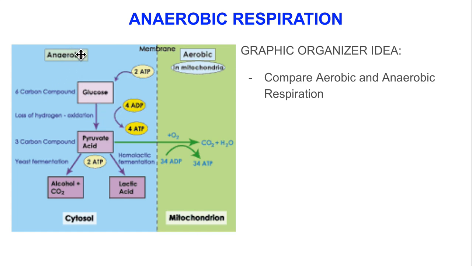So a good graphic organizer compares aerobic and anaerobic. Here's a good comparison. Aerobic happens in the mitochondria. This is where I use oxygen to turn glucose into a whole bunch of ATP. Whereas with anaerobic respiration, I'm still going to turn glucose into ATP, just not as much, maybe 4 ATP at the most. And I'm either going to produce lactic acid or alcohol, depending on what kind of organism it is. And you might see this word fermentation. Well, that is related to anaerobic respiration.